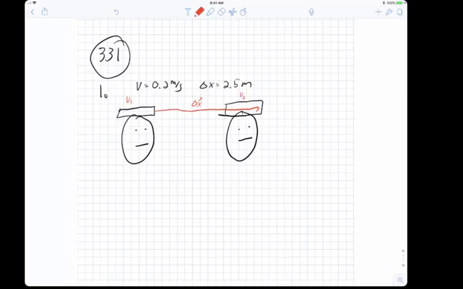So the force you're applying to it is going to be straight up, and it's perpendicular to delta x, and so the work is going to be 0.